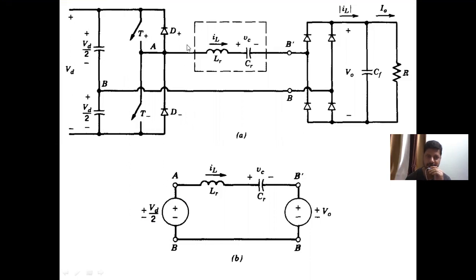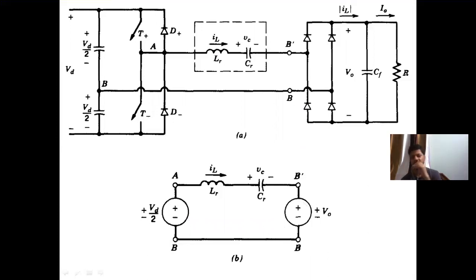That means as far as the resonant circuit is concerned, on the input side, you have an AC source given by either plus VD by 2 or minus VD by 2. Similarly, whether the inductor current is positive or negative, this output stage can also be replaced by a voltage which is equal to either plus V0 or minus V0.